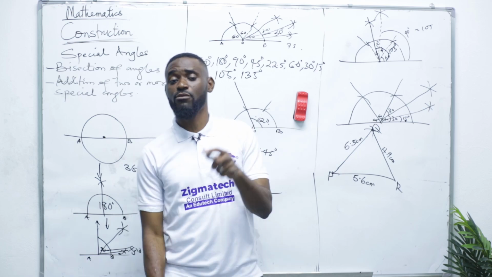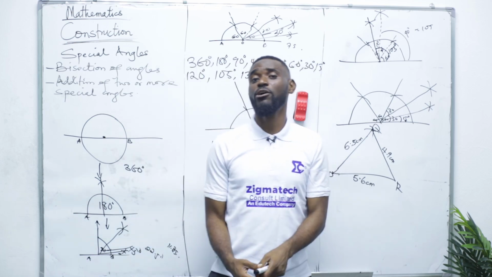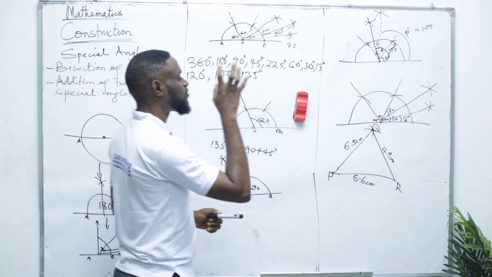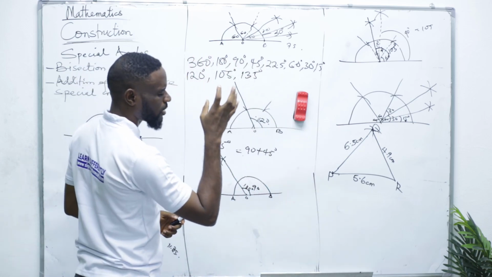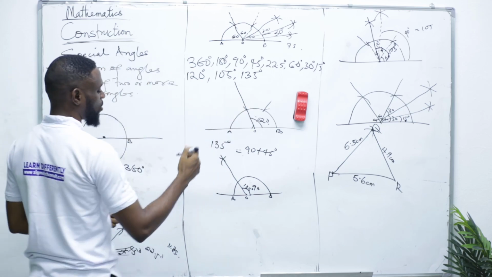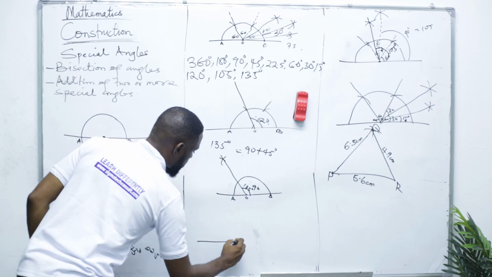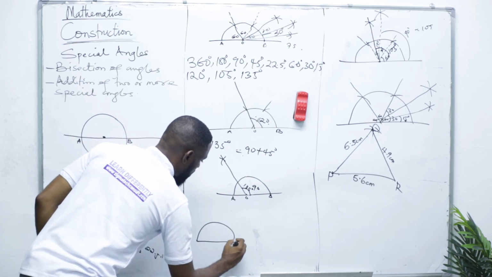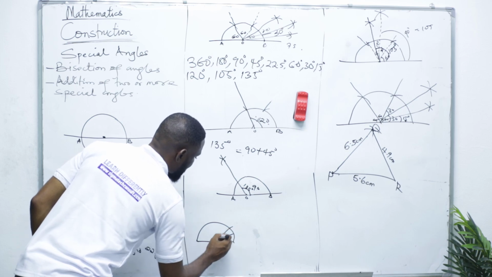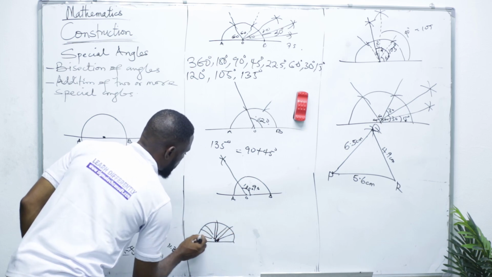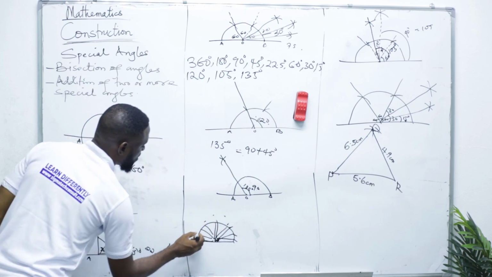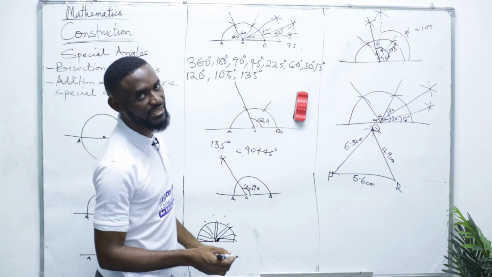To construct angles that are not special angles, the only option we have is to use a protractor. A protractor is that shape in your mathematical set that is semicircular. It's always like this, and you have lines radiating this way. Each of these is 10, 20, 30, and so on. It gets to 180 degrees.